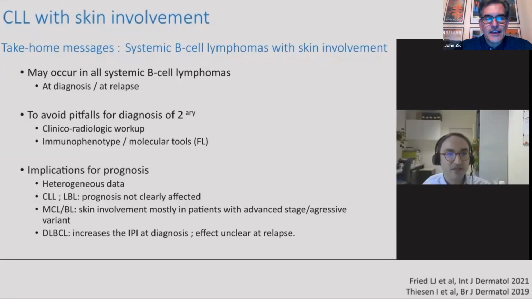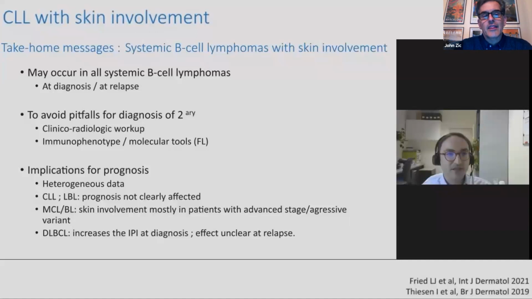Yeah, and I would just say that it's very uncommon for a patient with cutaneous T-cell lymphoma to develop a cutaneous B-cell lymphoma. And it's very uncommon for a patient with cutaneous B-cell lymphoma to develop a cutaneous T-cell lymphoma. So if you're listening and you have one of the two, you don't need to worry very much at all about developing the other.